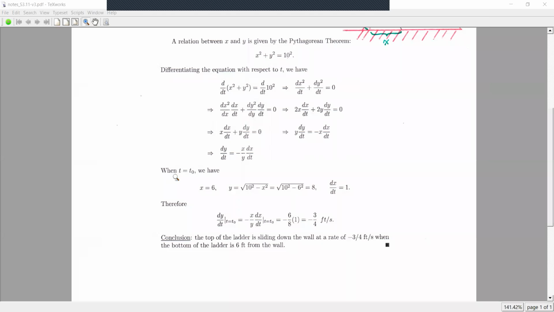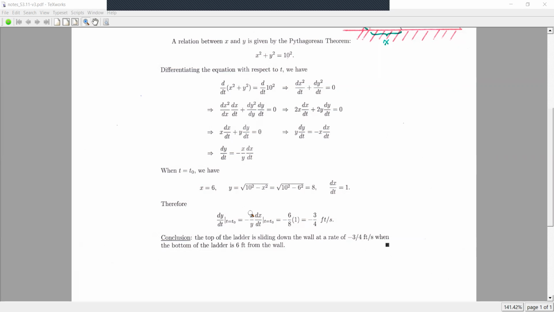Now, consider the instant t0. At t0, x is 6. From this equation, y is 8. The derivative of x is 1. Plug in all this information in this equation. Then the rate of y at the time t0 is this.